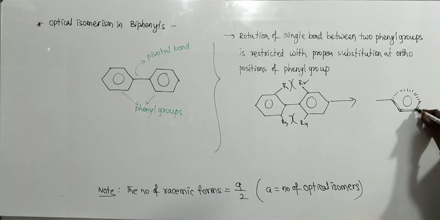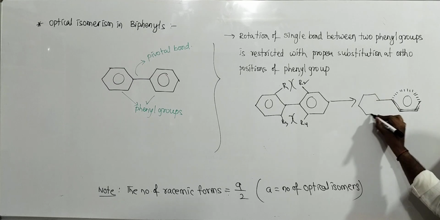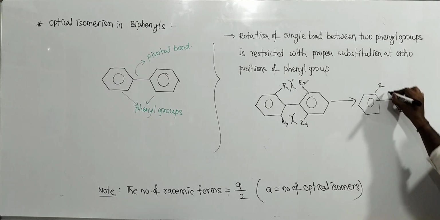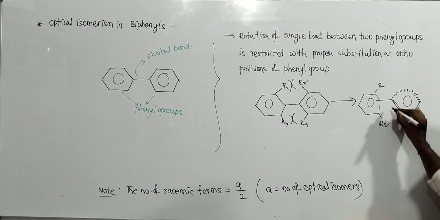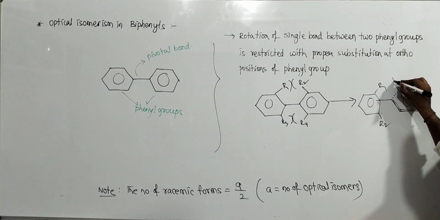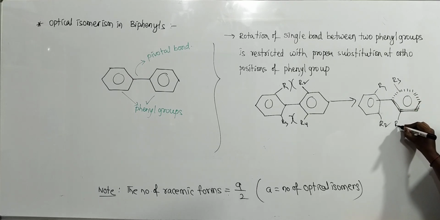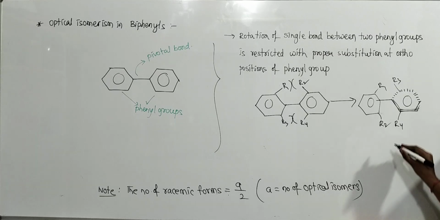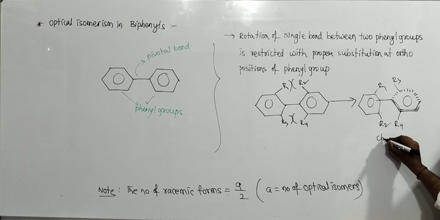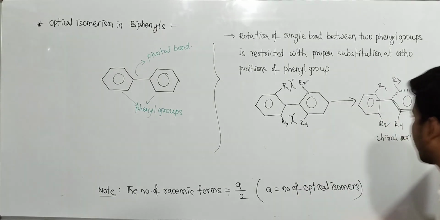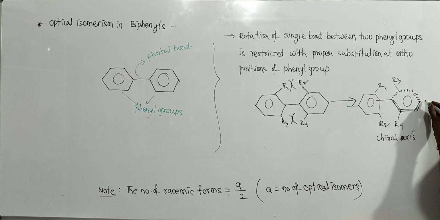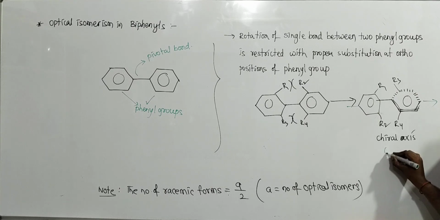Inclined here, vertical, R1, R2 here, R1 here, and R3 here, R4 here. Okay, this is a chiral molecule. A chiral axis is present, like this. So it is optically active.